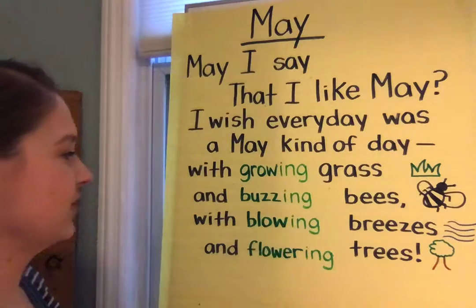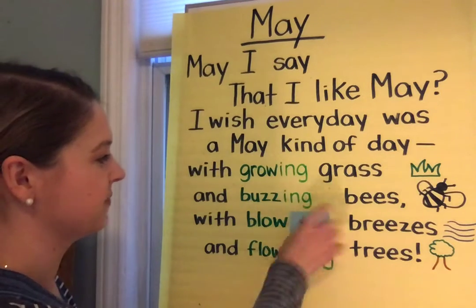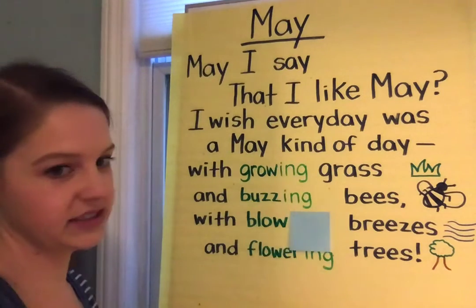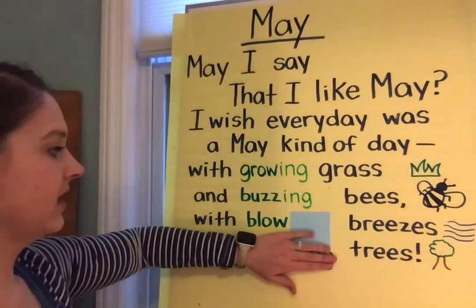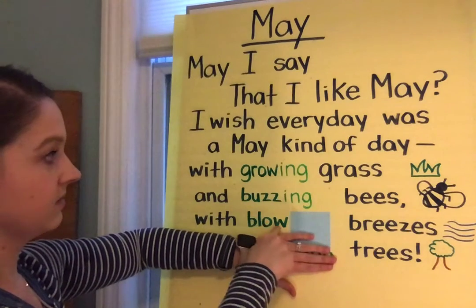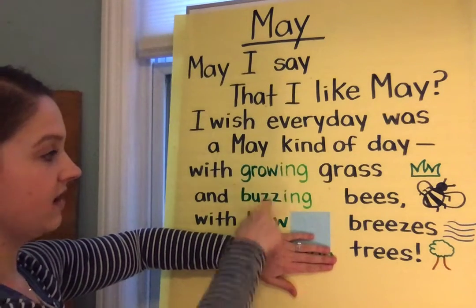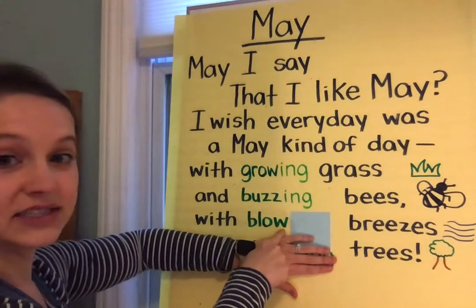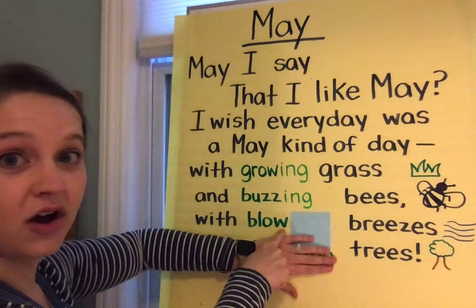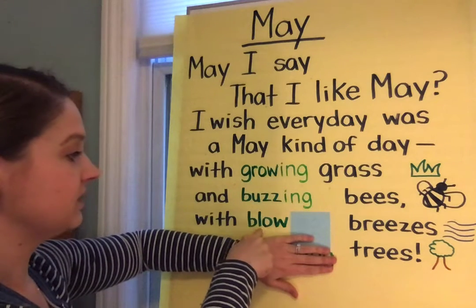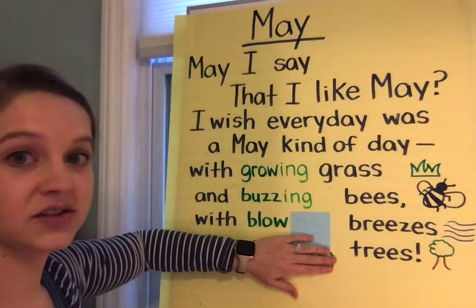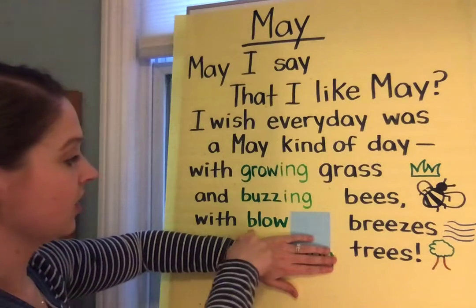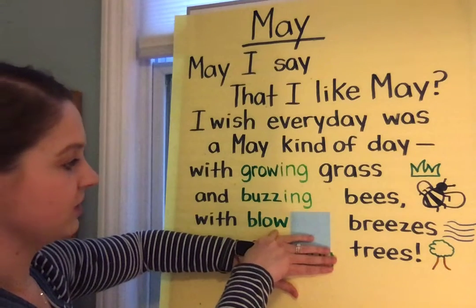All right, let's look at the next one together. I'm going to chunk off the ending with my sticky paper. And now we're going to figure out the beginning. This has the same vowel team as the word growing. So this vowel team here is going to make the long O sound. So this beginning chunk only has 3 sounds to stretch. Go ahead and stretch that on your own.